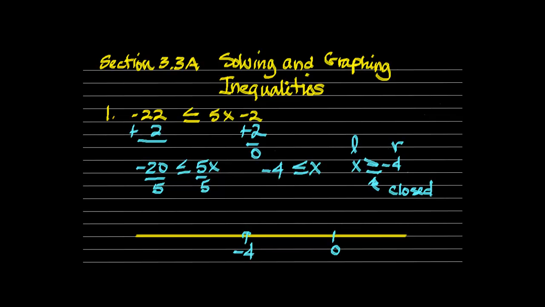So that means I want to draw my circle and I want to shade it in. The inequality is greater than, I can see that the x is on the left and it's pointing to the right, so that's the way that I want to shade. And now I'll just complete my shading. So there's the graph for number 1.